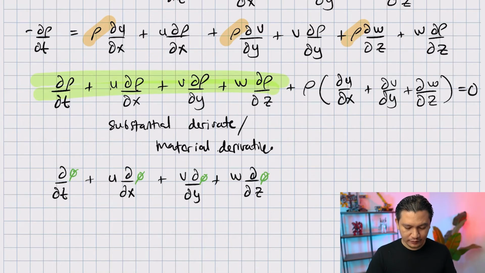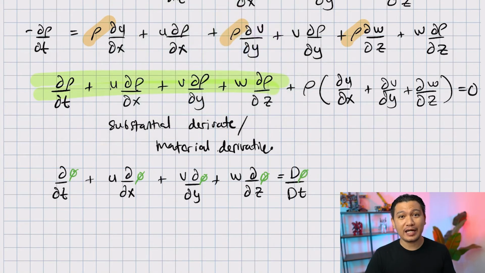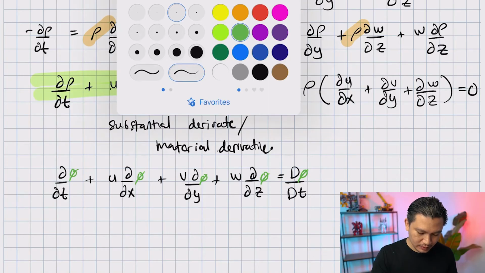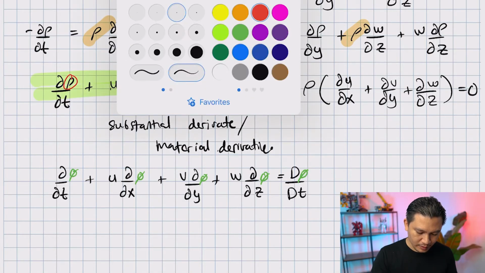And material derivative can be simplified in terms of writing by using capital D. So this is actually D over Dt. Okay, and let's say this is still phi. Right, and we know that our phi in this case is actually rho, which is density. Right, so what happens to this term?